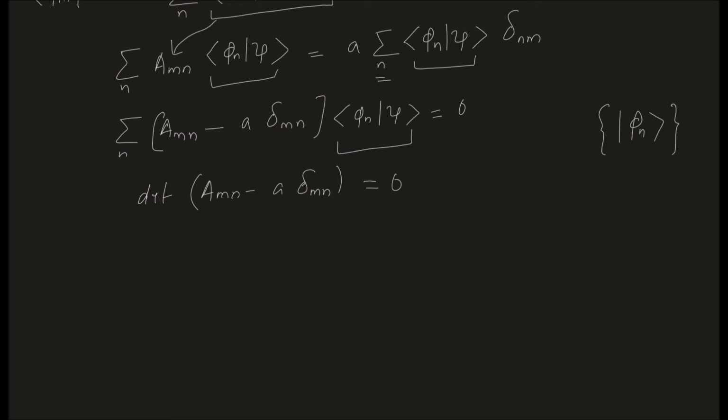Now to solve this, we need to truncate the basis phi n so that it contains only a finite number of terms. So let's assume that it contains a finite number of kets. Now in this case, this determinant equation reduces to an nth degree determinant.